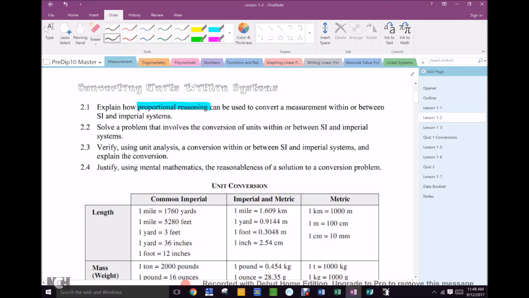The next thing I would like to point out this unit is there is a whole bunch of 2.4. Nothing makes us math teachers want to tear our hair out more than when you kids give us a half page of work and an answer that makes absolutely no sense.